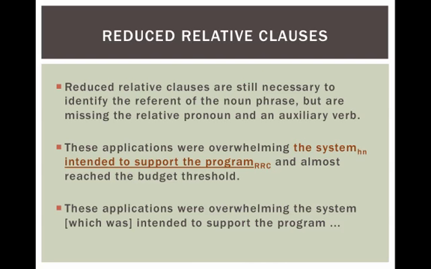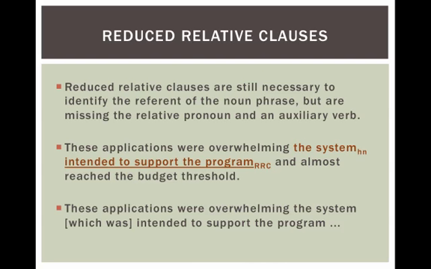So see that thing? We find the head noun of the noun phrase, system, and then it's got a reduced relative clause, which I've underlined and marked as RRC. We see that there's no relative pronoun, there's no auxiliary, but there is a main verb, a past participle.